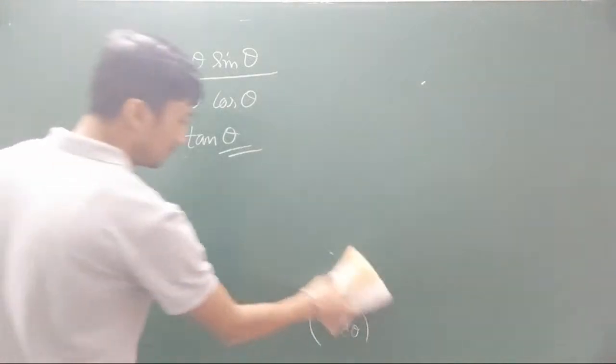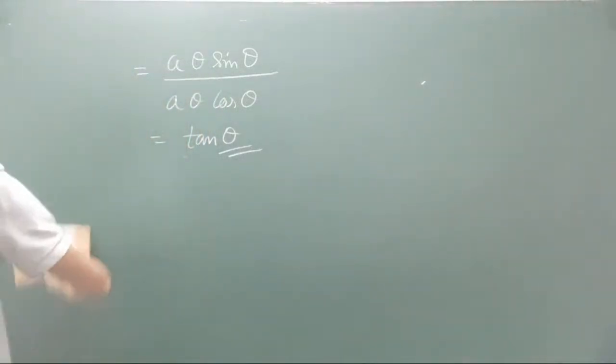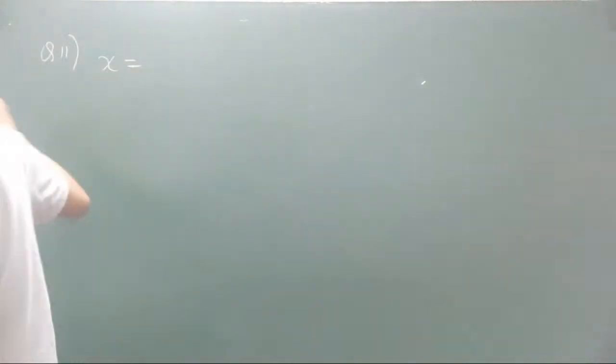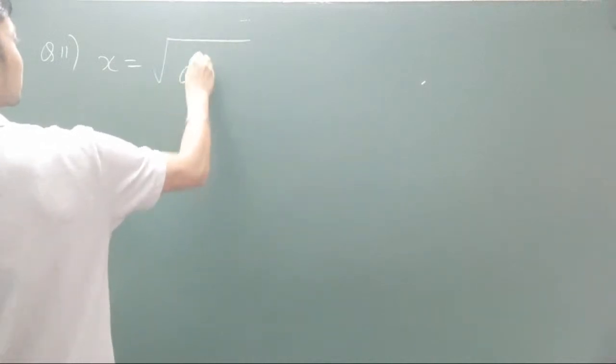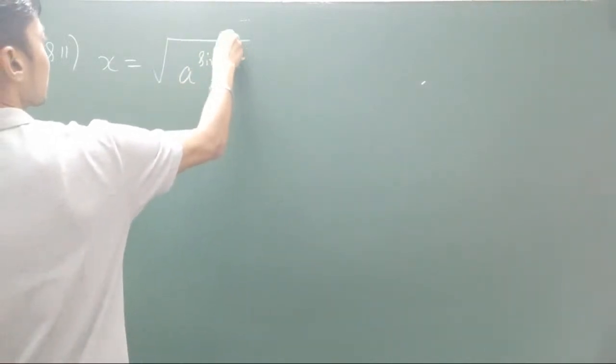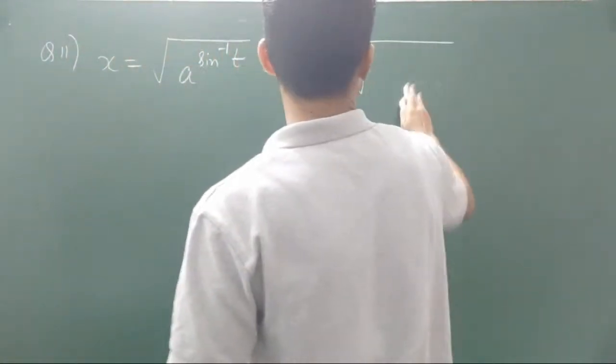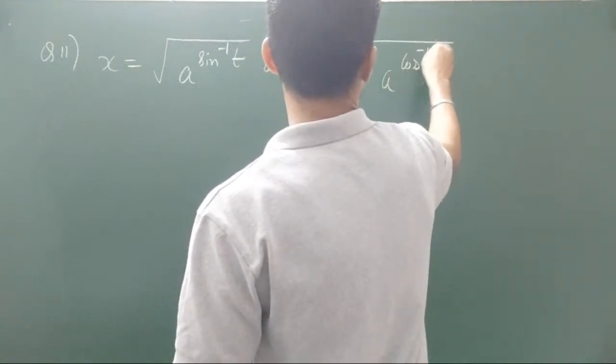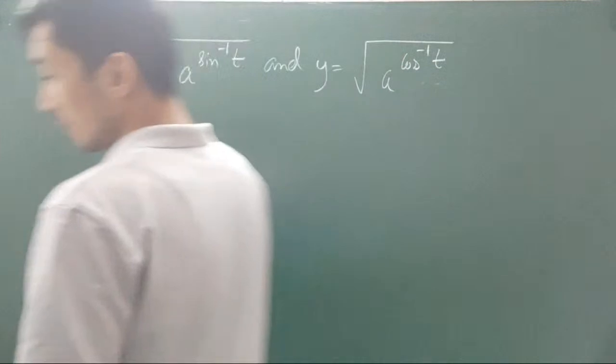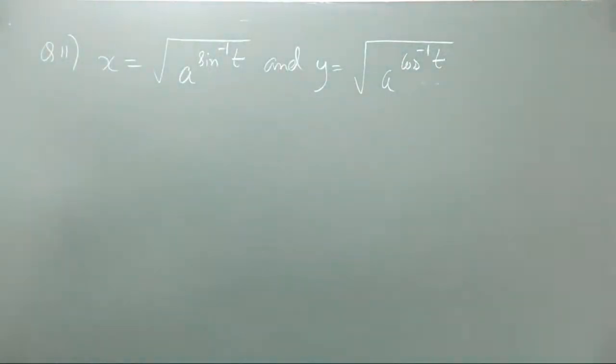All right, we can get ready with the last question. So you have two functions, that is x as root over a power sine inverse t and y as root over a power cos inverse t.